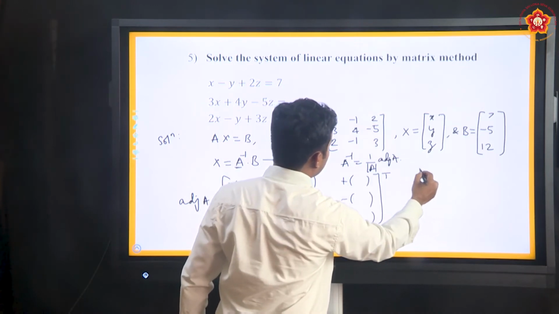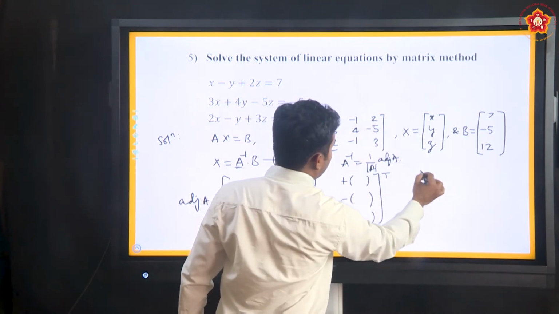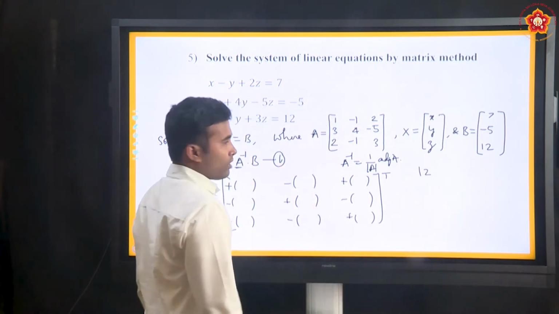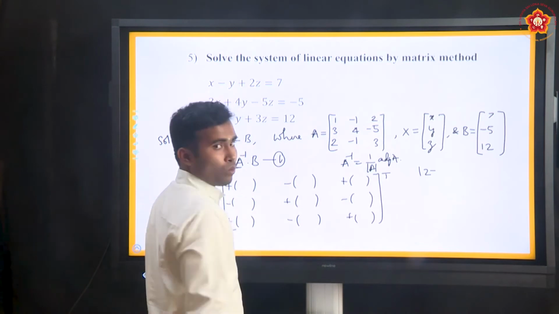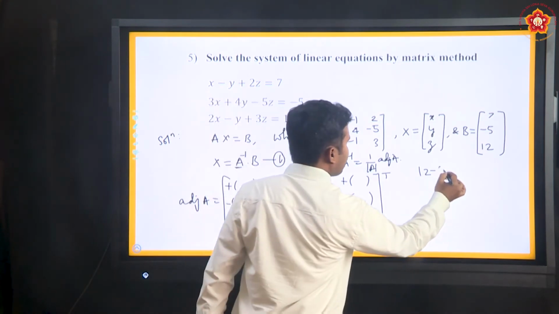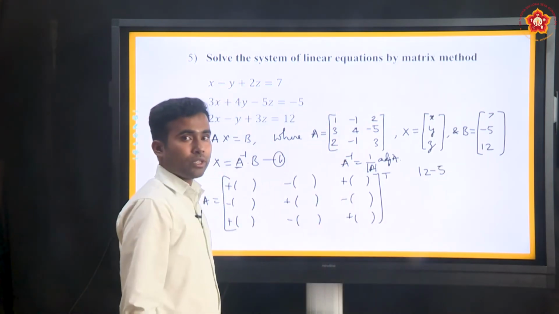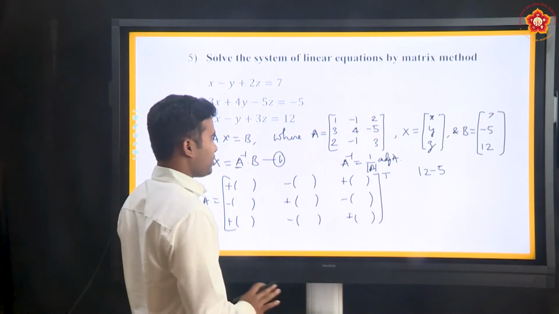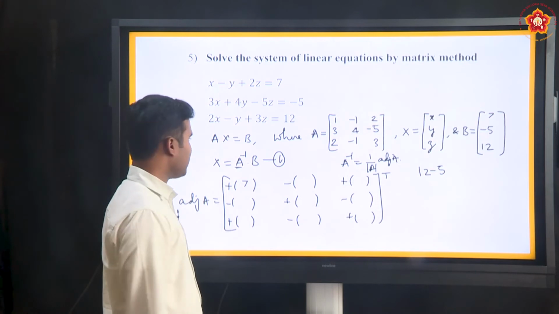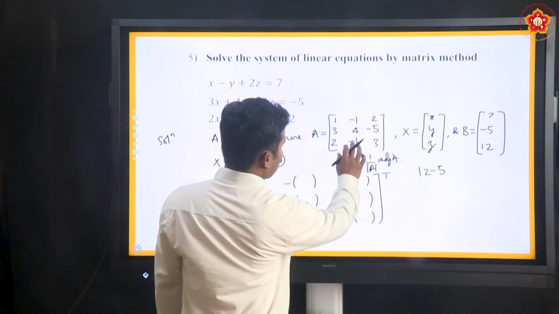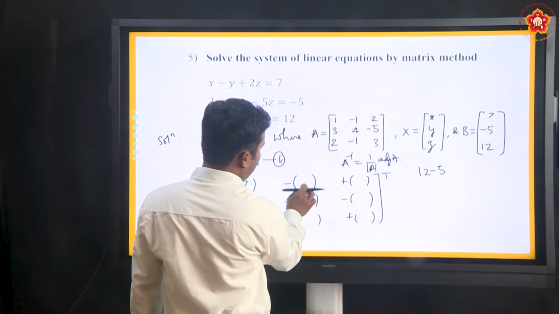What is the determinant? 4 into 3, minus 5 into minus 1, which is plus 5. So, 12 plus 5... 12 minus 5, that is 7. Understand?